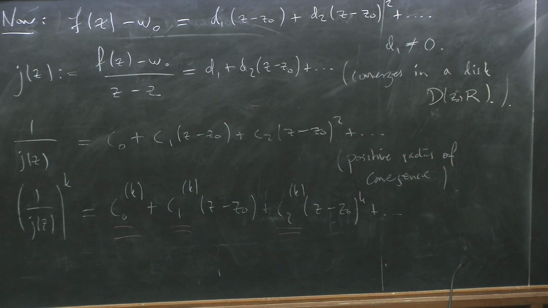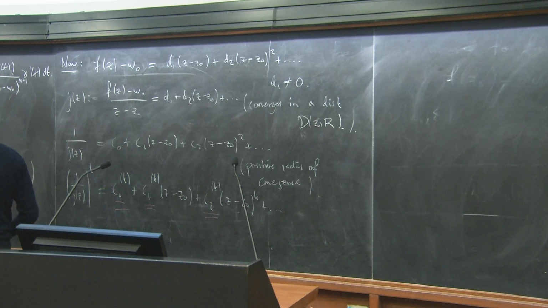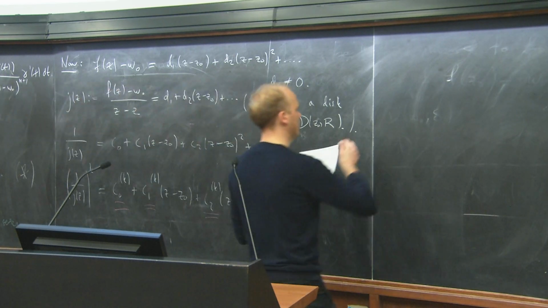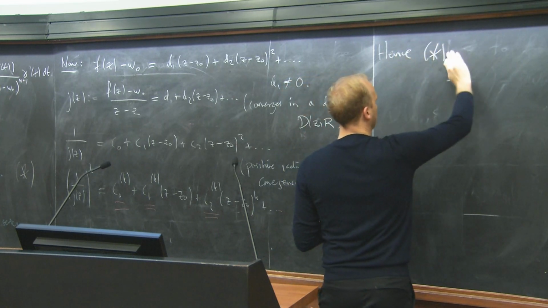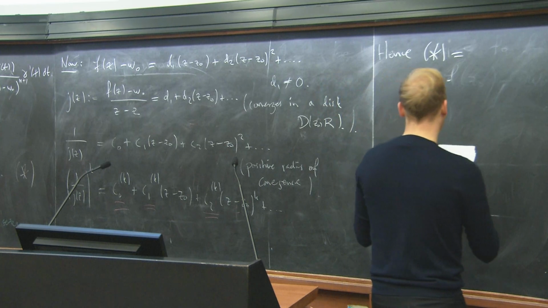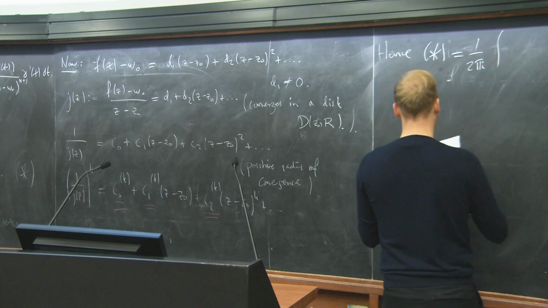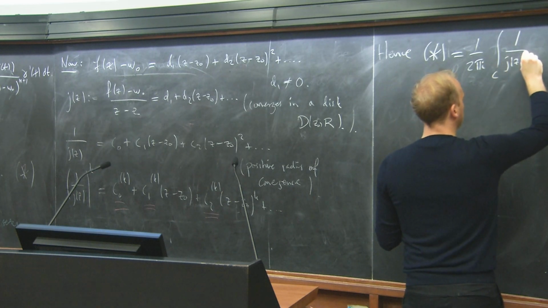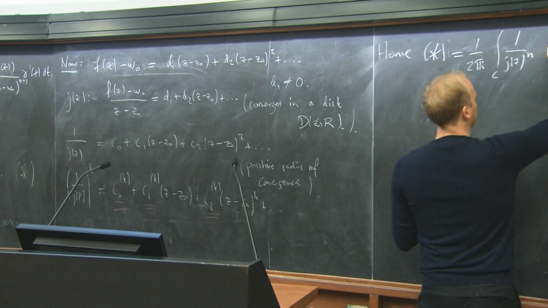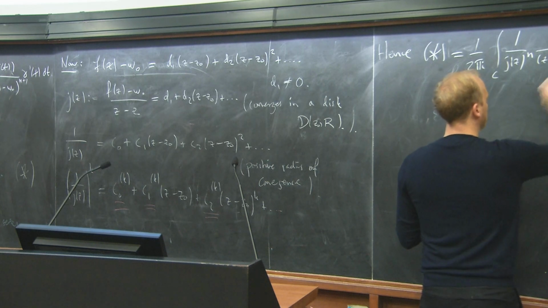So now to go back to the computation, let's see how to do this. We call this star, where we left off at the computation. So star now equals 1 over 2 pi i, the integral over the disk of 1 over j to the power n of dz over z minus z0 to the n.